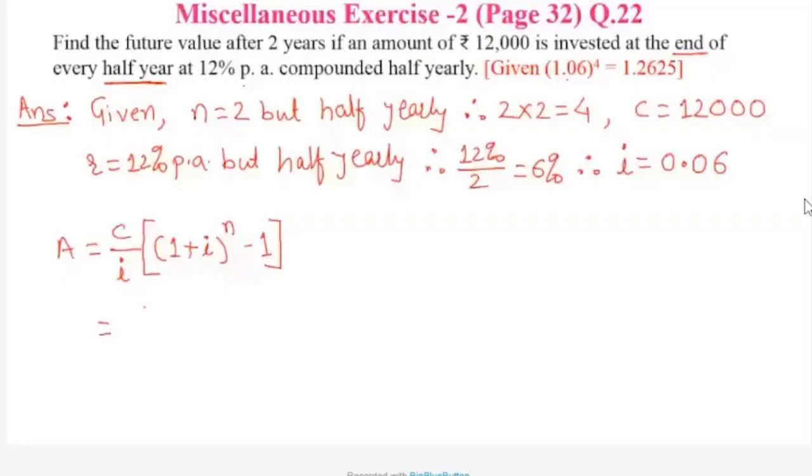That is equal to C. C is 12,000. A we have to find out. 12,000 divided by i is 0.06, square bracket open, round bracket open, 1 plus 0.06 raised to n. n is 4, 2 years into 2, minus 1.